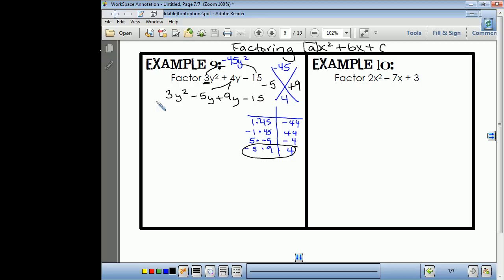Now, do you see that this is a 1, 2, 3, 4 term? And we do what we just did. What do the first two have in common? A y. And when I pull that out, I'm left with 3y minus 5. I want the second pair to match.